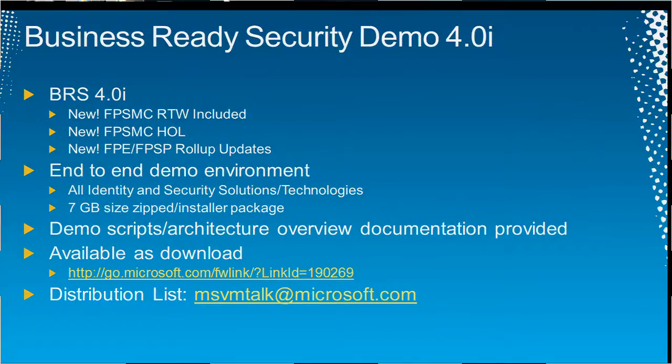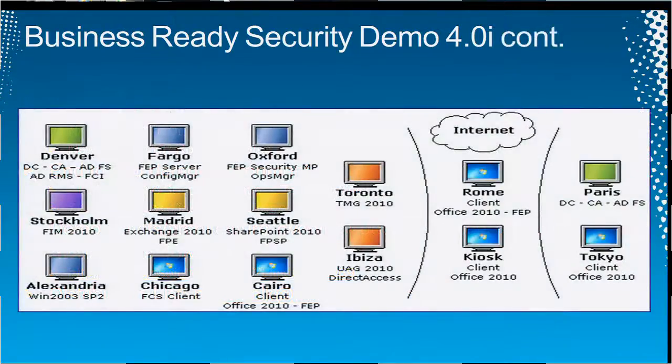Each of them has lab manuals on how to set up lab exercises for all 4front products. If it's on-prem, 4front Endpoint Protection, FPE, FIM, FEP, this is the environment to go to.